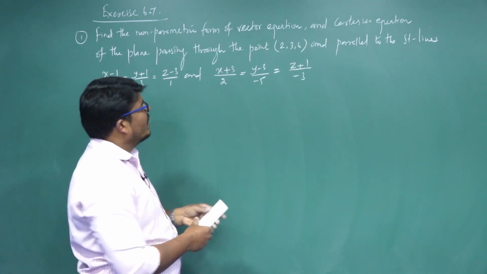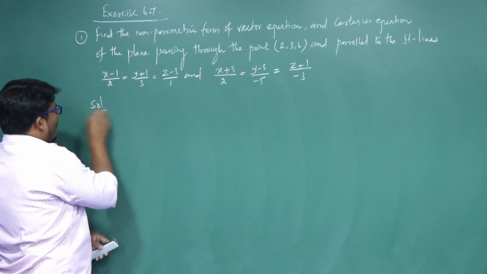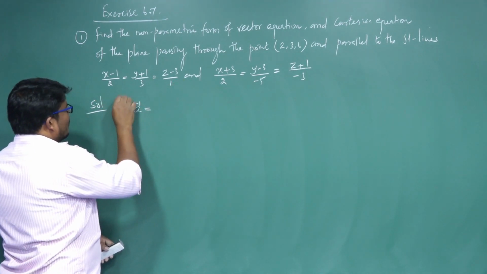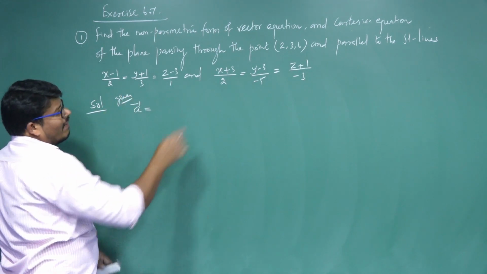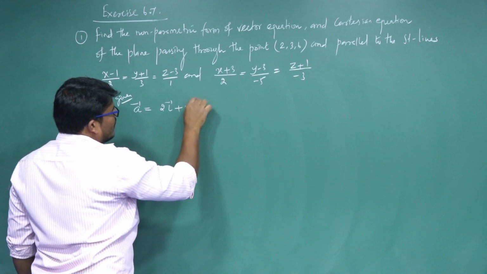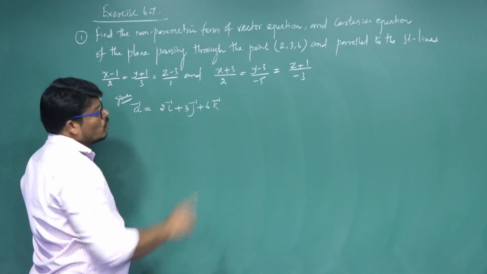Now, what is given? One point and two parallels. Writing in vector form, a vector equals 2i plus 3j plus 6k. This is the one point.